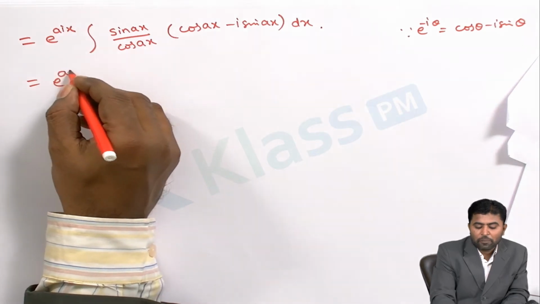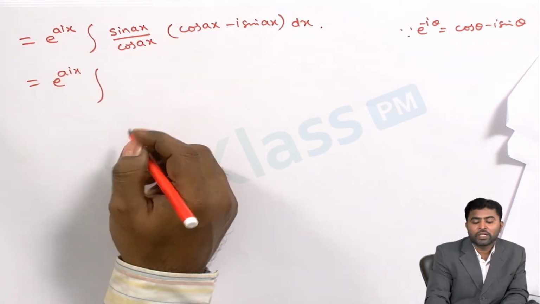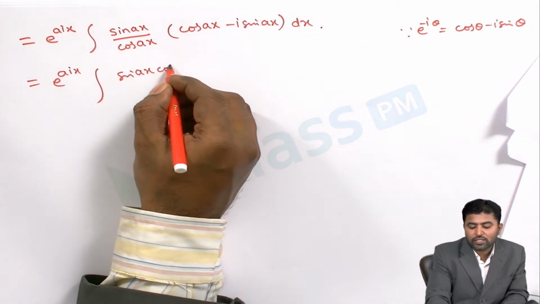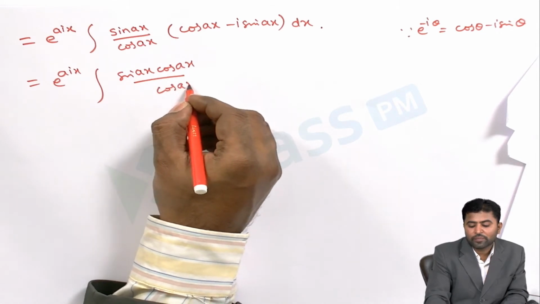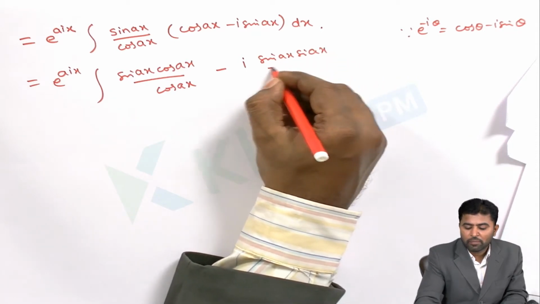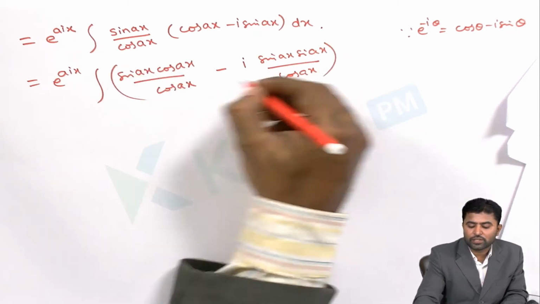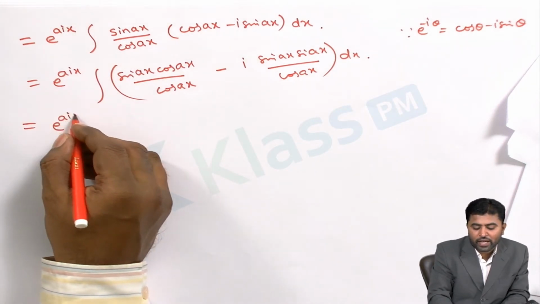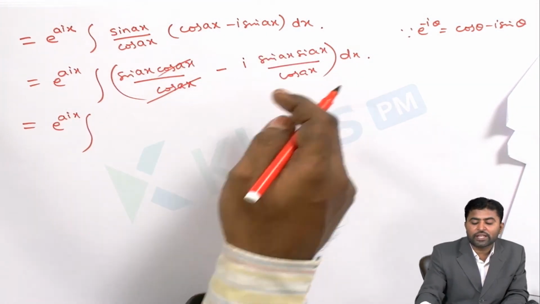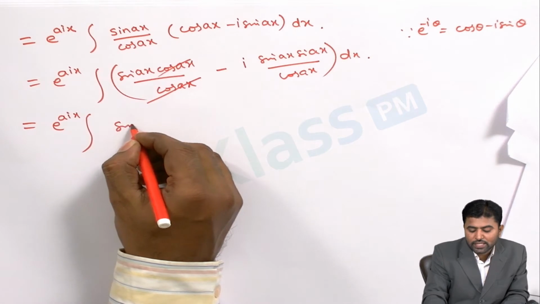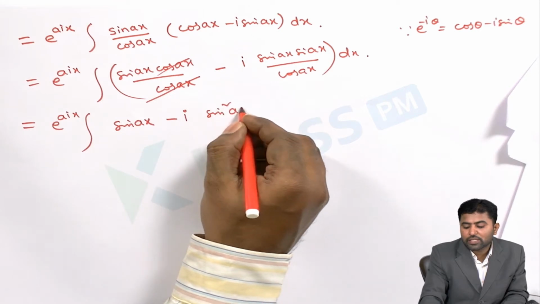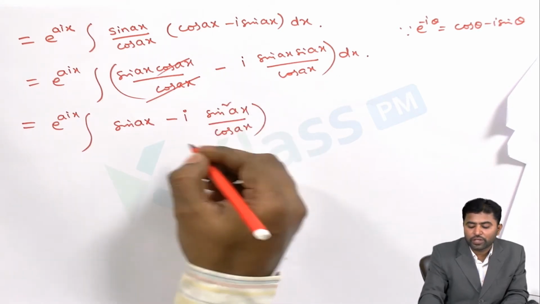So we can write e power aix integration of, now we'll multiply these terms. We'll get sin ax cos ax by cos ax minus i into sin ax by cos ax into sin ax, dx. Then this we can write as e power aix integration of this, and this will get cancelled, and here we'll have sin square by cos. So we can write it as sin ax minus i into sin square ax by cos ax into dx.